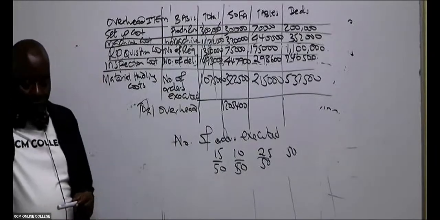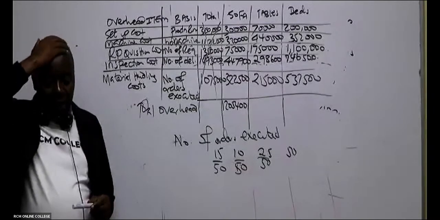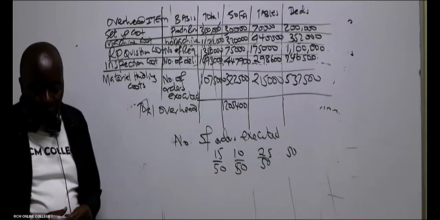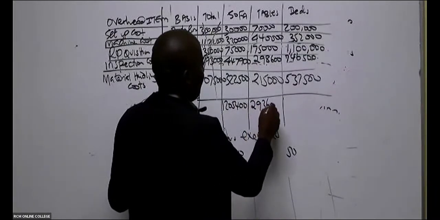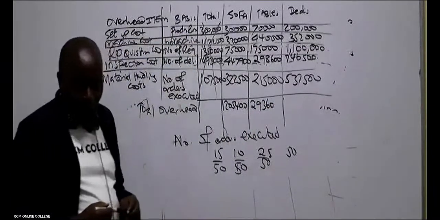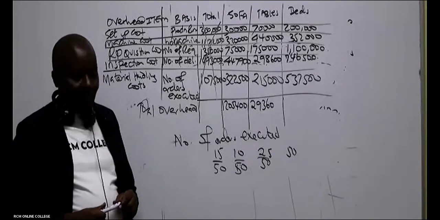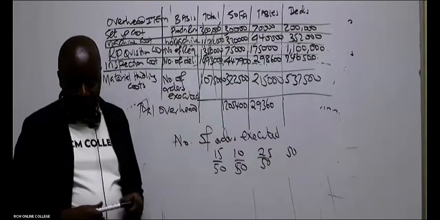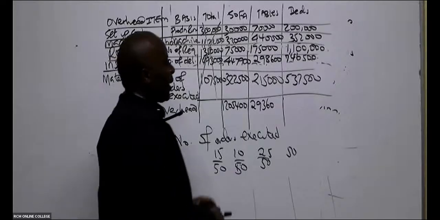Go ahead and do the same. Thank you, Cecilia. Thank you, Gadoni. Go ahead and do for tables, 29,360. Oh, the figure is wrong. This is supposed to be 11?